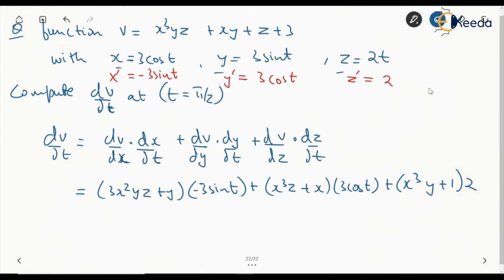We need to find this value at t equal to pi by 2, right?